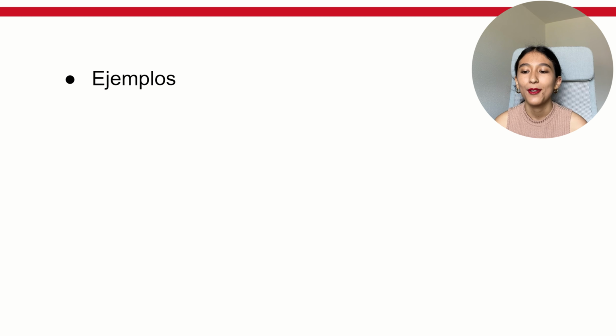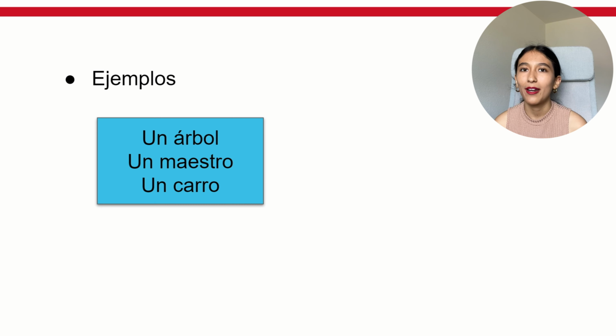Now more examples. First we have masculine singular words. Por ejemplo, un árbol. Un árbol, a tree. Second one, un maestro. Un maestro, a teacher. And the last one, un carro.